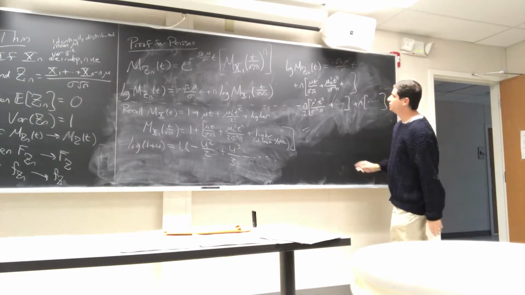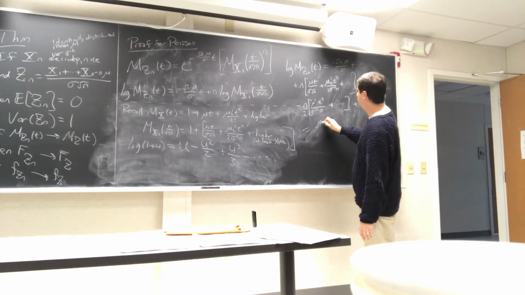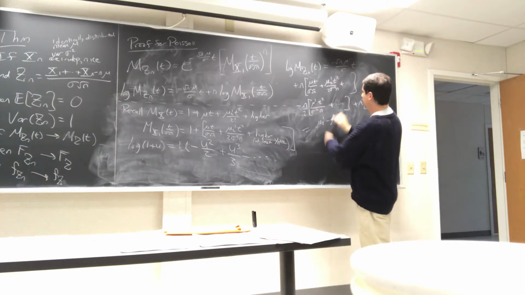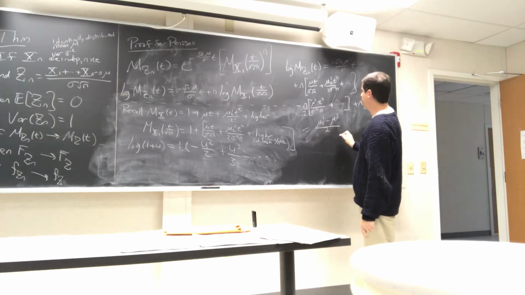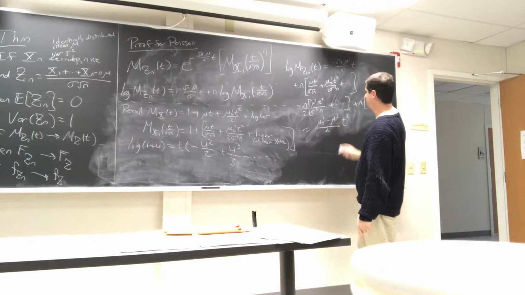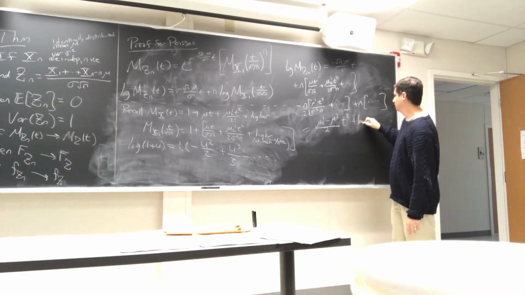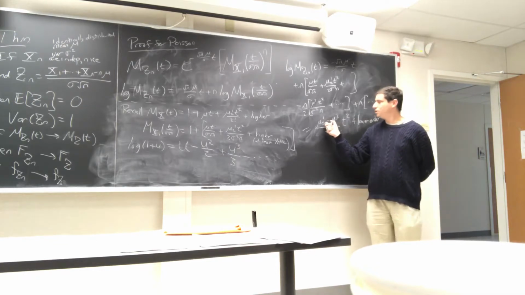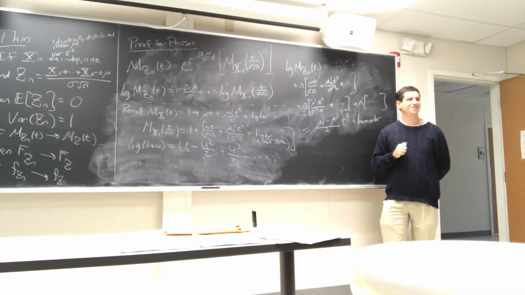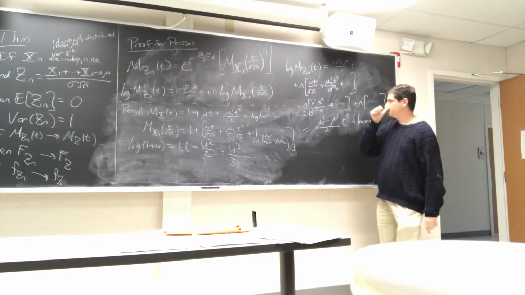Good. So I get a mu 2 prime minus mu squared over 2 t squared, plus lower. What's mu 2 prime minus mu squared? The variance.